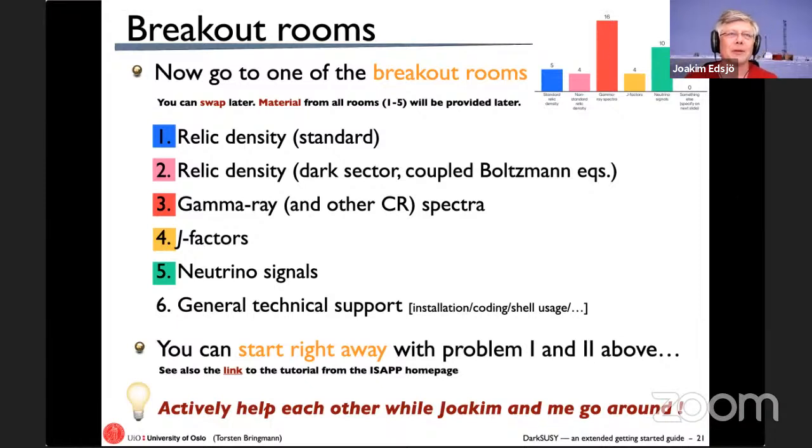Might be, but also because some of the others involve more of these technical issues that Torsten talked about. But I have a question for you, Torsten, before I click the open all rooms button. The material for the additional problems after problem 1 and 2, how do we distribute it to the rooms? I will just put it on the web page.